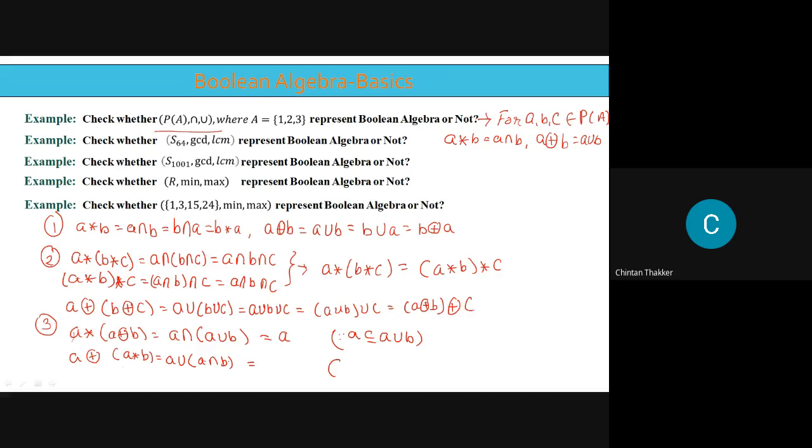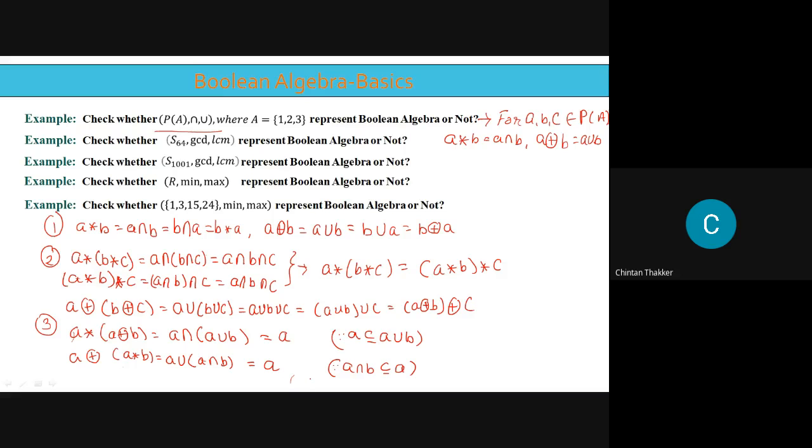So A intersection B is a smaller set compared to A, okay, because A intersection B is the common elements from A and B. So it is always smaller than A. So A intersection B is always a subset of A because it contains some elements of A which are common with B. So union is a larger set. So here the larger set is A. So the answer is A.